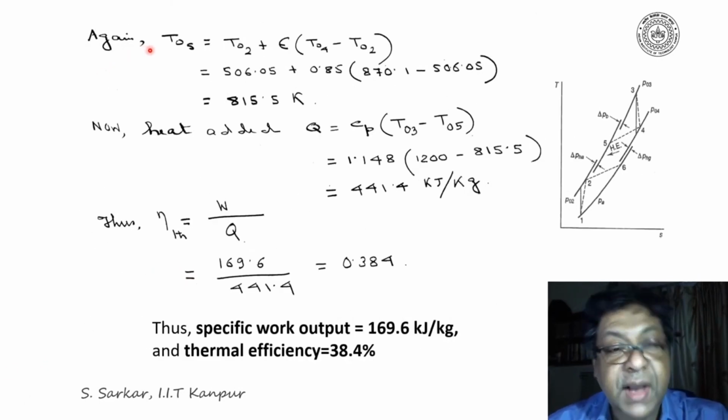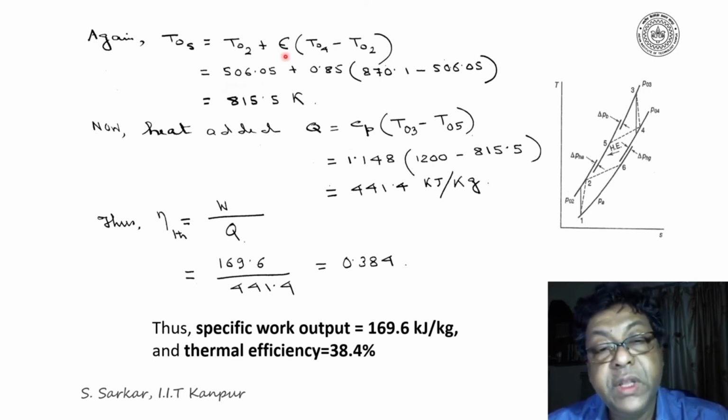Now, I can write T05 is equal to T02 plus epsilon into T04 minus T02. All the quantities are known here. So T02 is equal to 506.05, epsilon equal to 0.85, within bracket 870.1 minus 506.05.